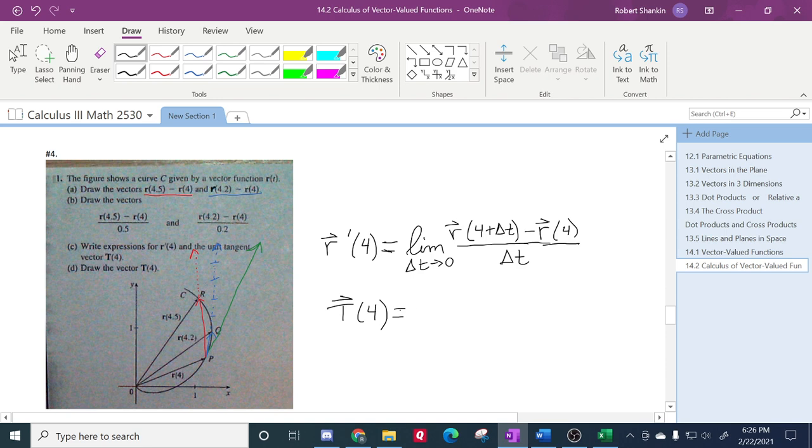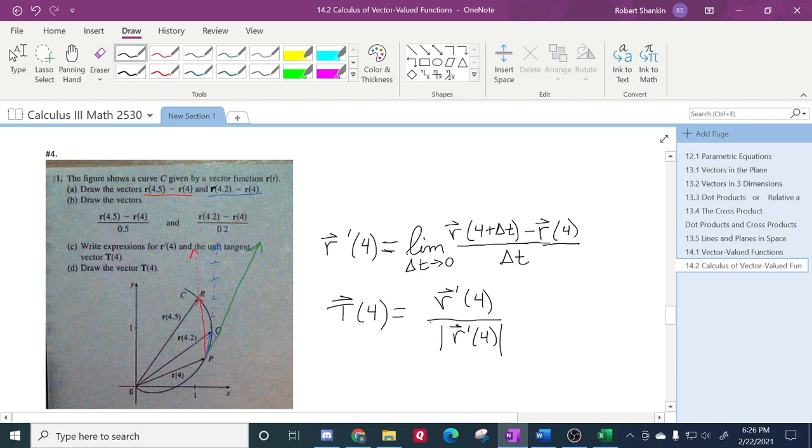Wouldn't it just be r prime of 4 over the magnitude of r prime of 4? That's exactly it. This thing that we got up here divided by its magnitude.